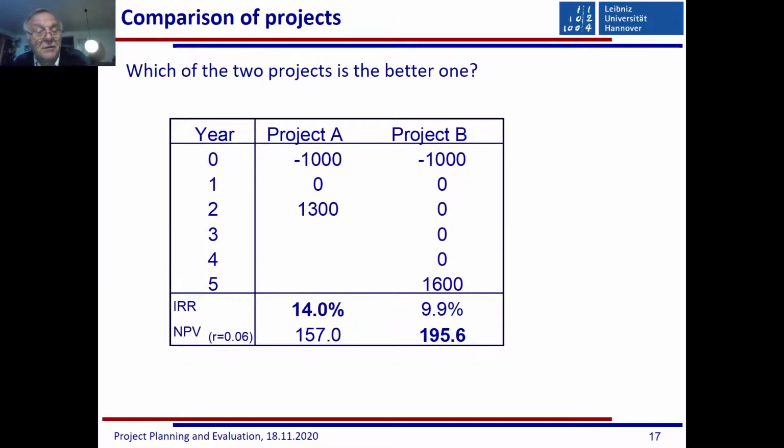And after year 2, it has a return, and then that's all. We don't know anything between. And project B also has the investment of 1,000, and the return, which is bigger, only occurs at year 5. So of course it's hypothetical, but it can be imagined.